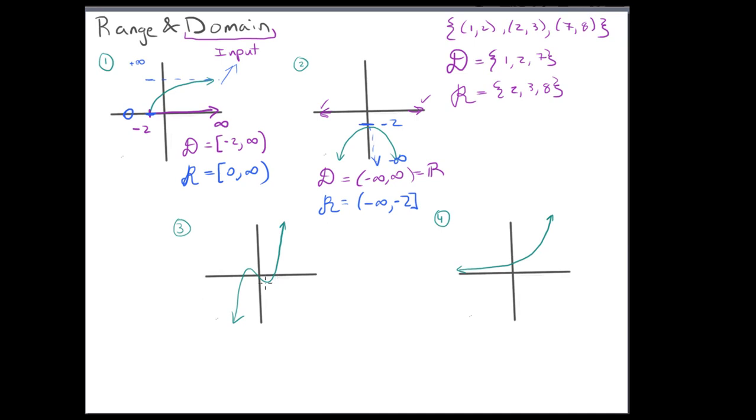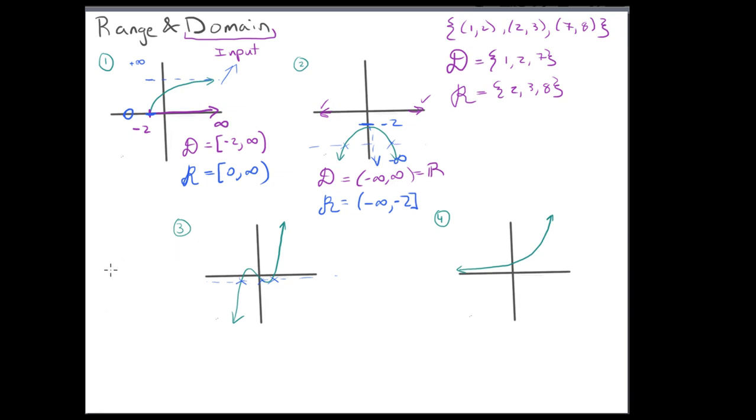Number 3 here, this is a function. It doesn't pass the horizontal line test, but it does pass the vertical one. It doesn't need to pass horizontally, like this intercepting a few times is okay. Just like over here, this line intercepting a few times is okay.